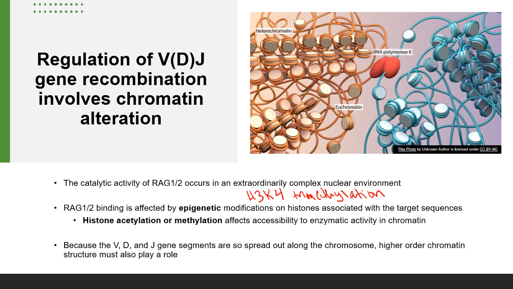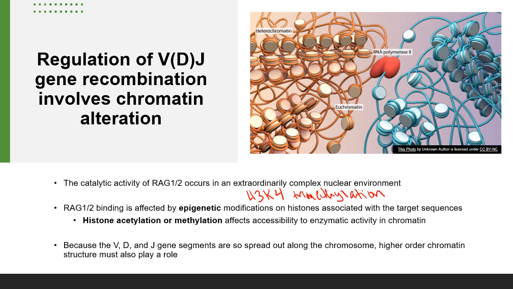When you add 3 methyl groups onto that particular lysine in that histone protein tail, this is a modification that is associated strongly with the activation of transcription. But in this case, we're not looking for transcription so much as we are looking for the ability for RAG1 and RAG2 to bind. Instead of transcribing, we're going to edit. But it's the same basic process that the cell uses for transcription of a gene when we want actual gene expression and transcription and translation and all of that stuff.